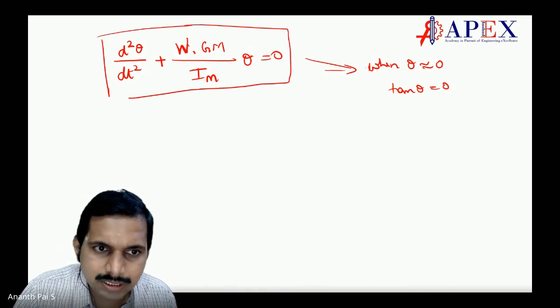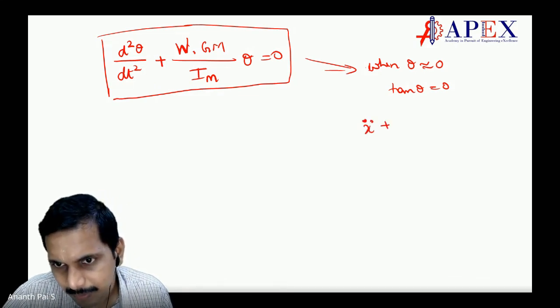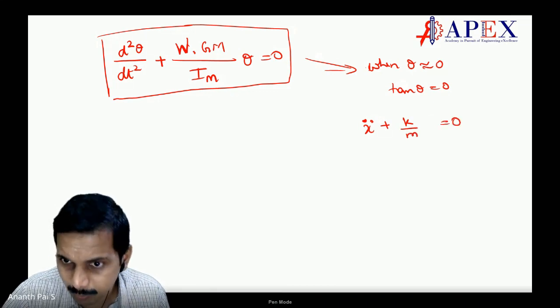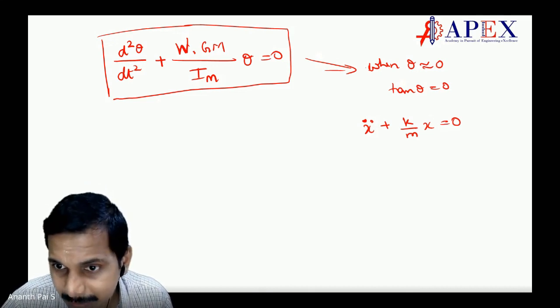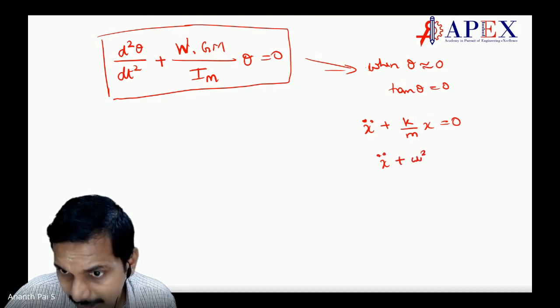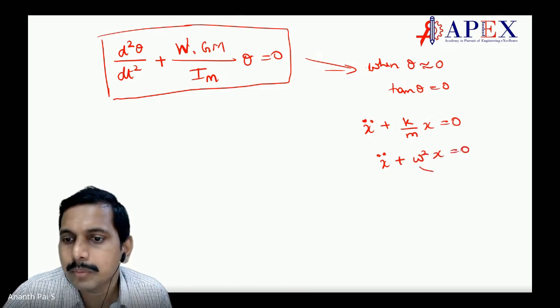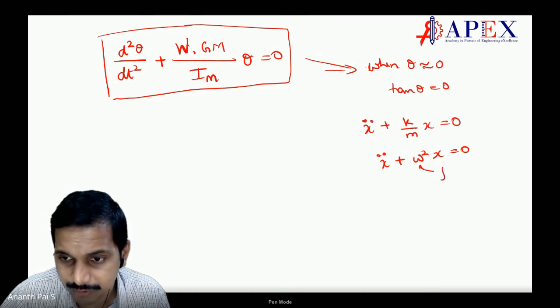This compares with x double dot plus k by m into x is equal to 0, where k is stiffness and m is the mass. So this is proportional to this. It can also be written as x double dot plus omega square into x is equal to 0, where omega is the frequency of oscillation.